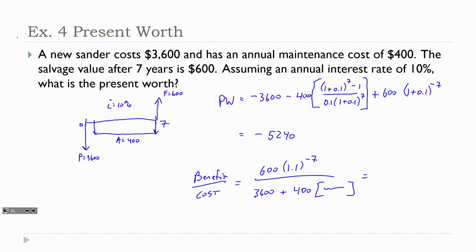Then this would give you the benefit cost ratio, and you're looking for it to be greater than 1 in order for a project to be justified. But the point I wanted to make is that it wouldn't just be 600 divided by 3,600 plus 400. You have to include those factors to move those back to typically year 0, and the present worth is the easiest place to convert it to.